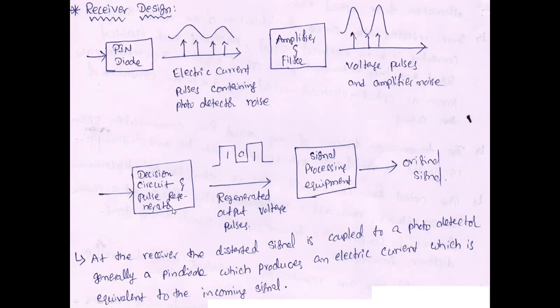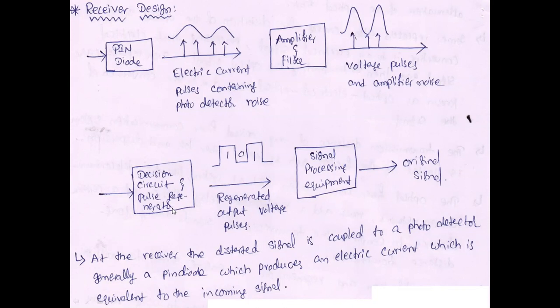At the quantization stage, we apply a threshold value in terms of voltage. Above the threshold value, the output is 1 in digital format; below the threshold value, it is 0.